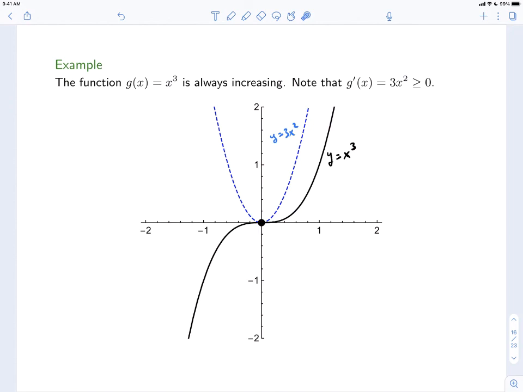So that's why this increasing, decreasing function theorem, based on information about the derivative, fails to tell you anything useful at 0. But as long as you're away from 0, the derivative is strictly positive, and so the derivative tells you that the function is increasing on any interval not containing 0. It just so happens that in this case, it's also increasing on any interval containing 0, but the derivative can't tell you that.